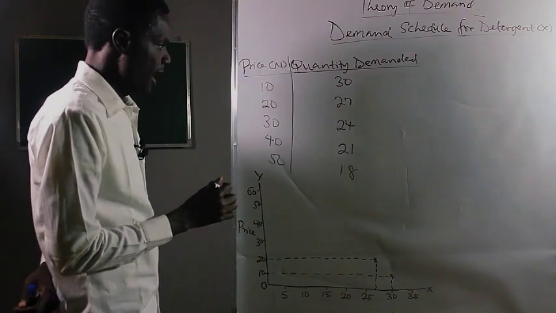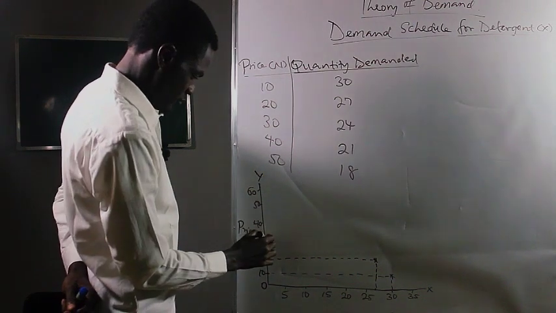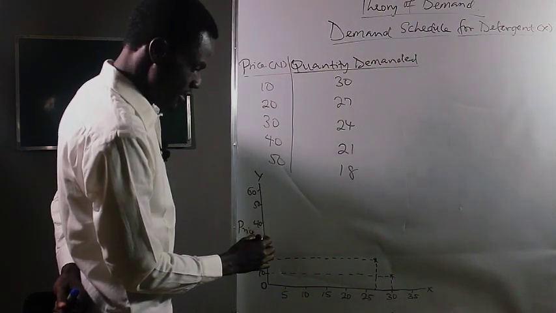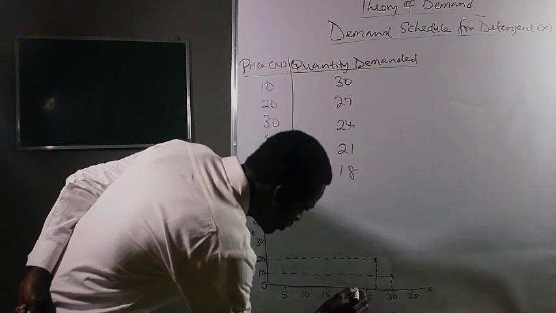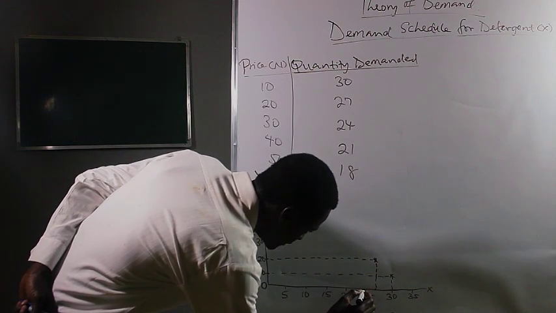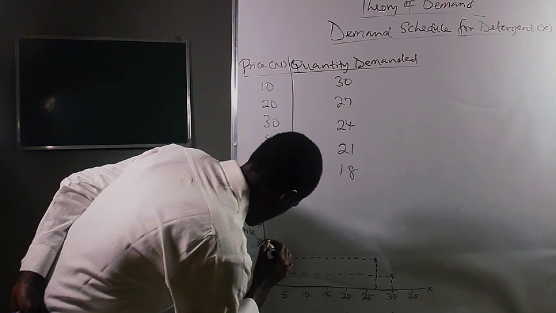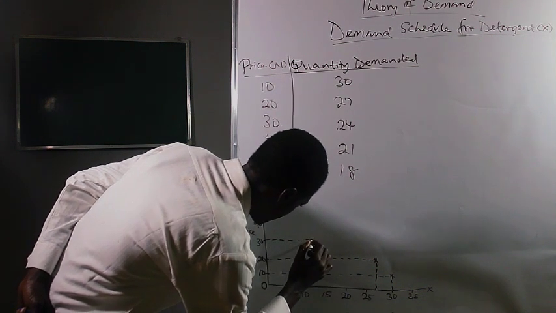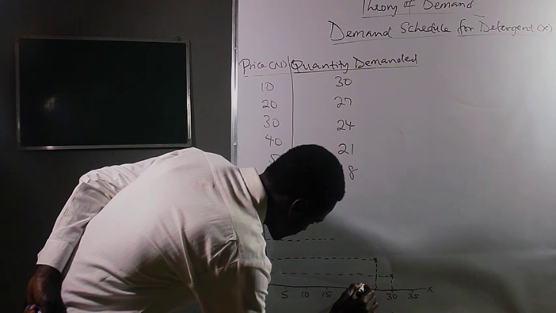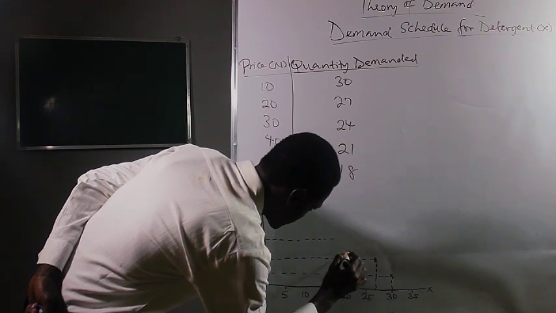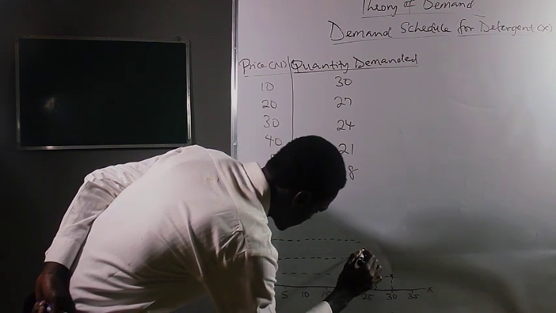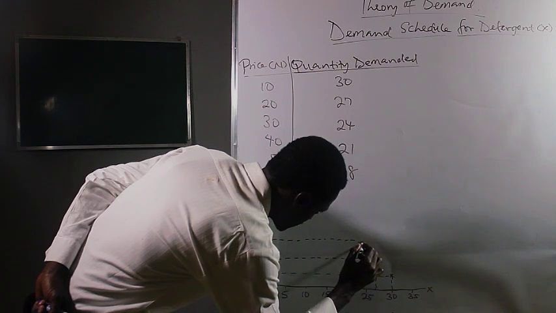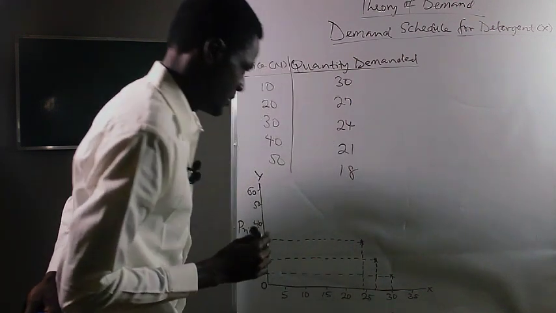Then the price increased to 30, which is this point, and the quantity demanded is 24. So 24 will be here, close to 25. So this one too, we trace it. At each point, we mark it.